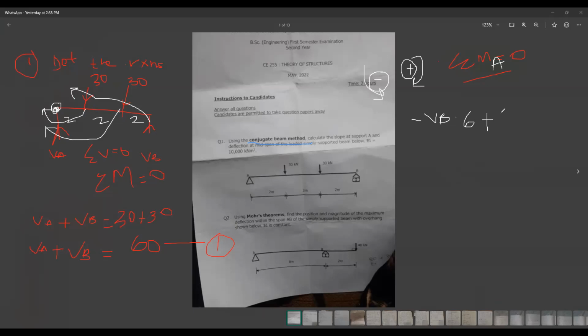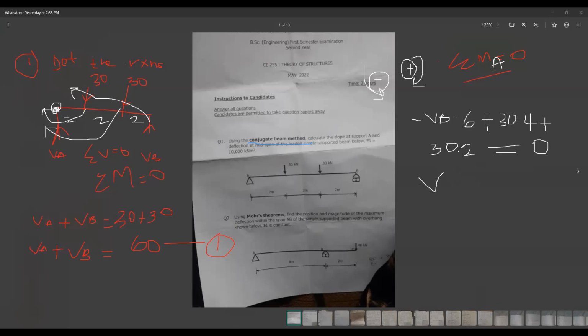So positive 30 times 4. Then plus 30 times 2. I hope it's correct what I'm doing. Yes. So the sum of these equal to 0.